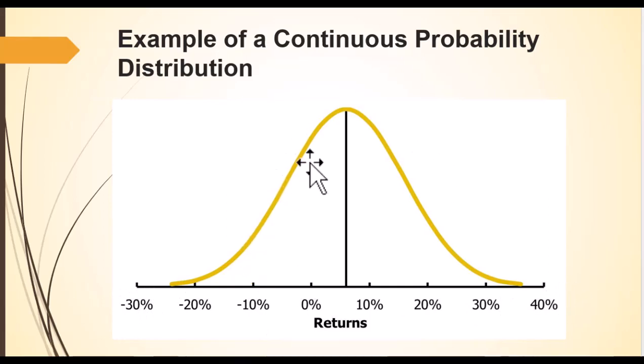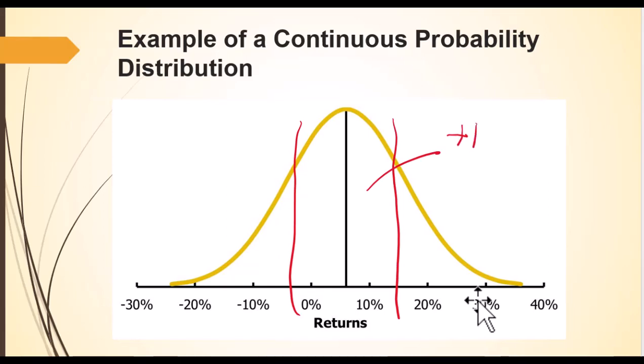And this normal distribution curve can be segmented into pieces. This piece is plus 1 standard deviation. This piece here minus 1 standard deviation.